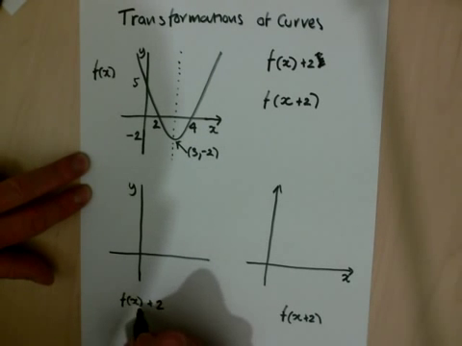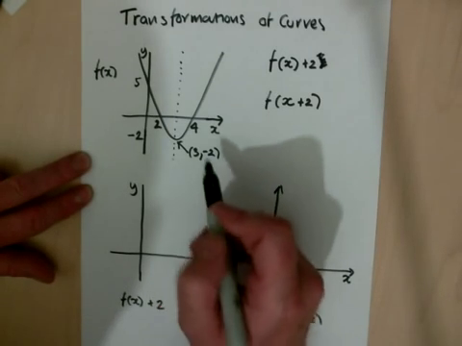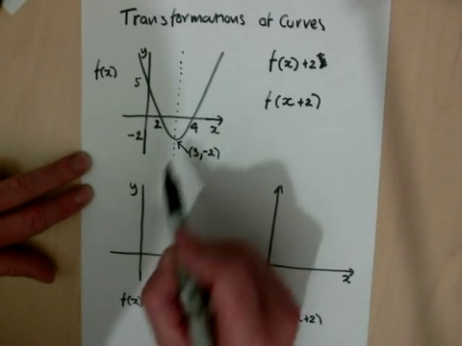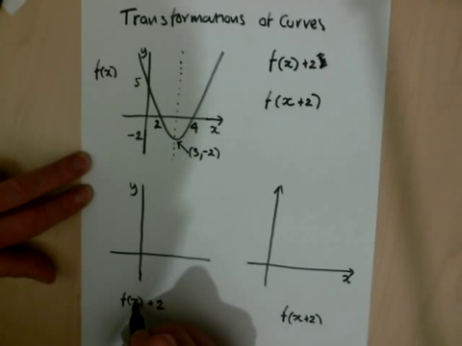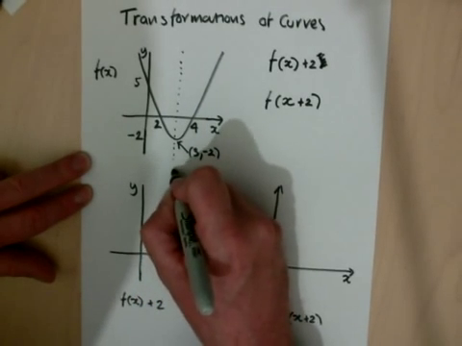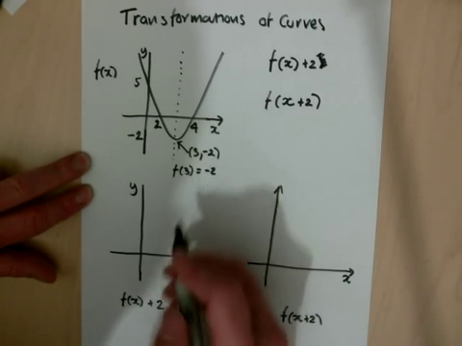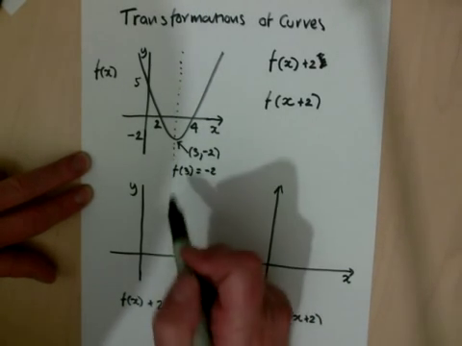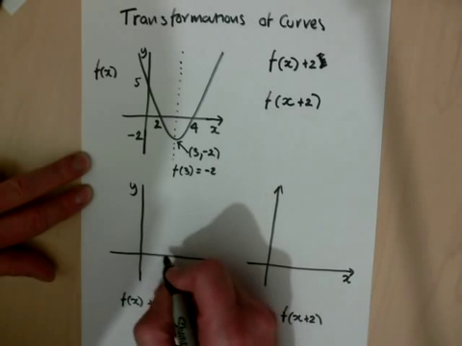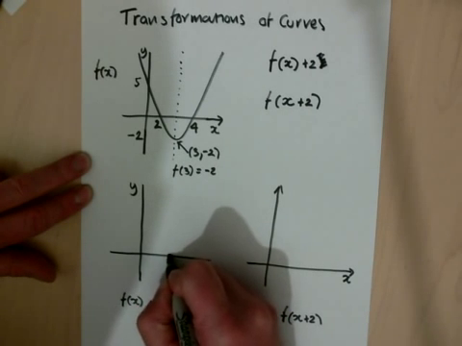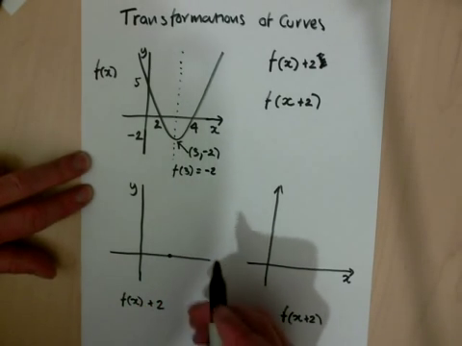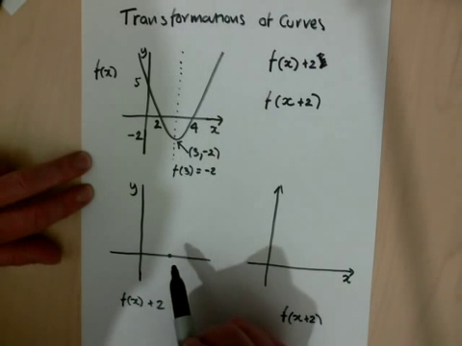So if we do the function value first, then add 2 to it, then if we put 3 in, we're going to get minus 2, because we can see that f(3) equals minus 2. But then we have to add 2 to it, so it's going to lift the point (3, -2) up to 0. It's usually in these questions just to ask you to plot where it cuts the axes.